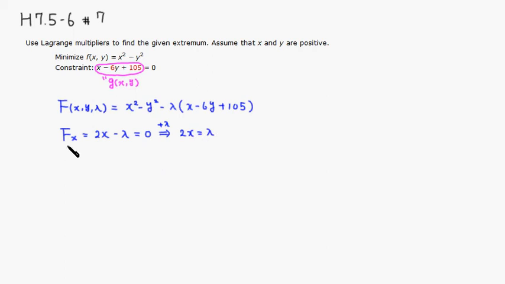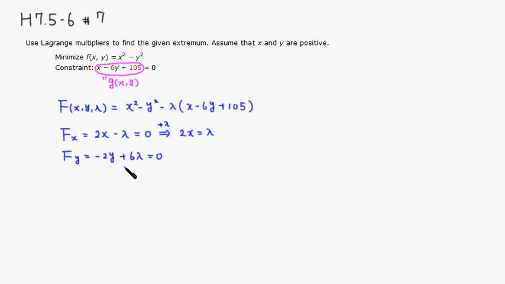Right? Then partial of capital F with respect to y is equal to, right? So partial of that is 0. Partial of that is negative 2y. Right? Partial of that would be negative 6 times negative lambda. So it's going to be plus 6 lambda is equal to 0.